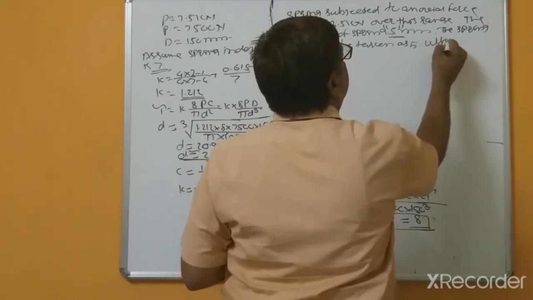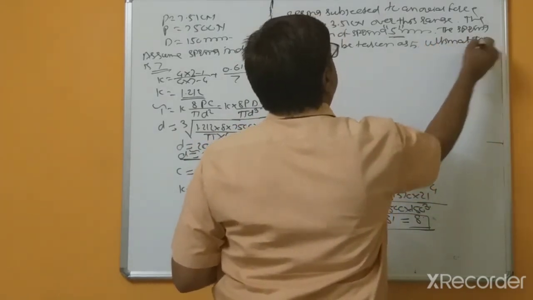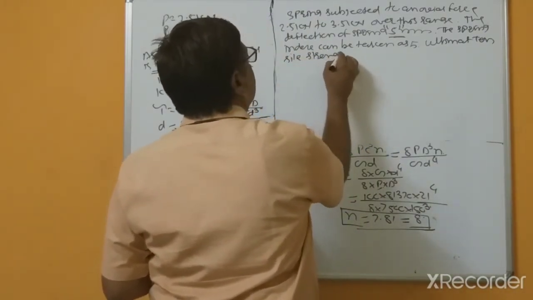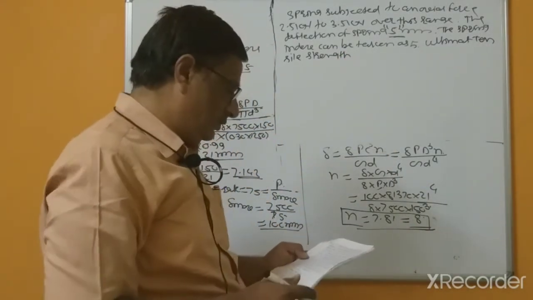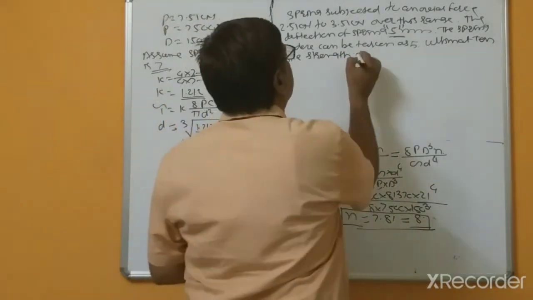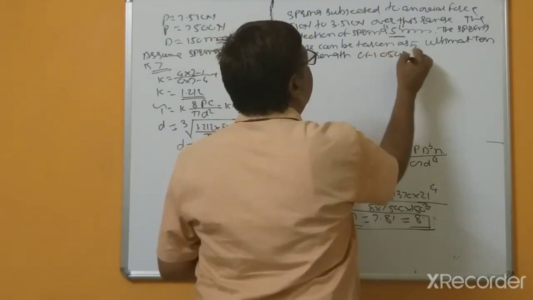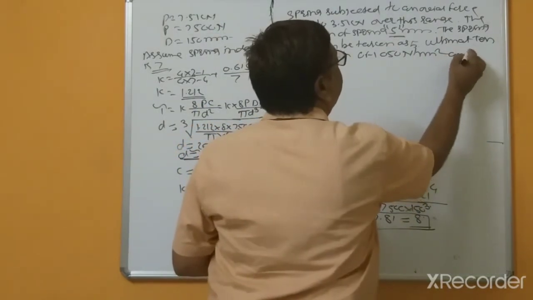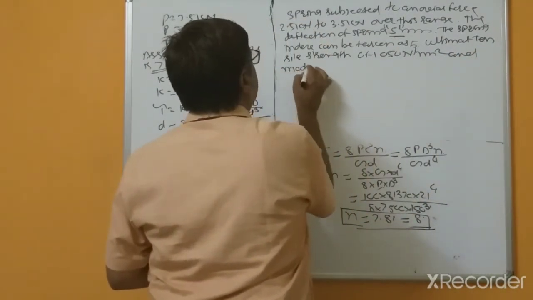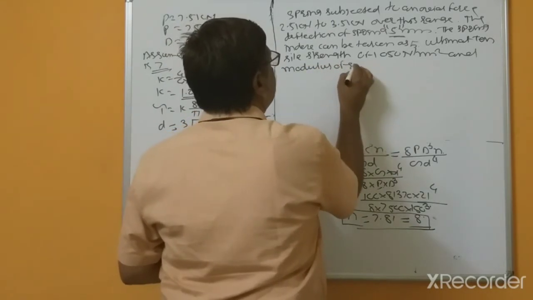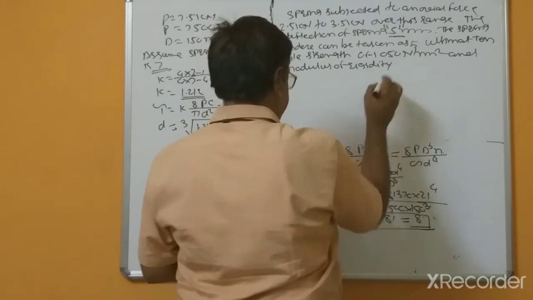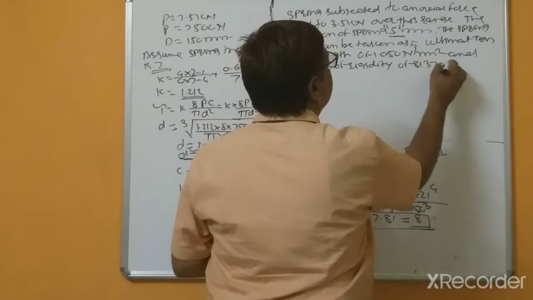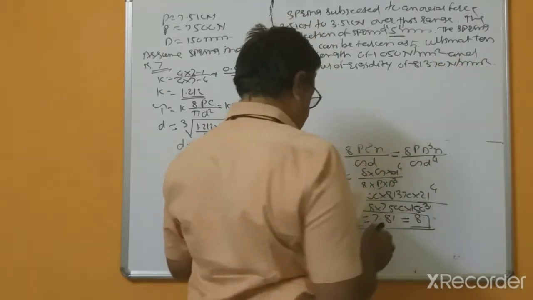Ultimate tensile strength equal to ... Newton per m square, and modulus of rigidity of 81370 Newton per m square.